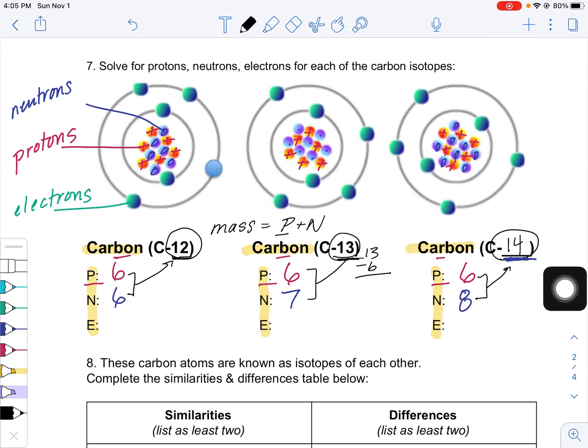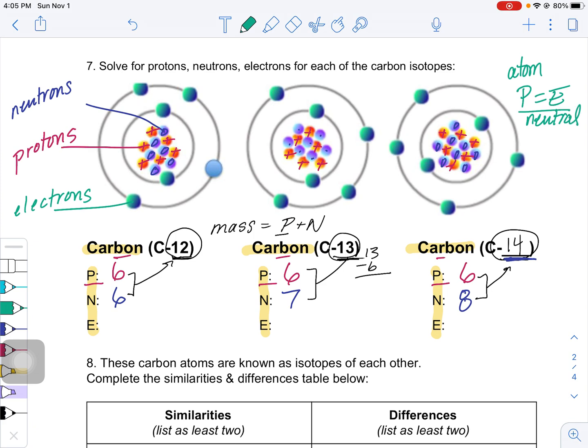Now our final down here is the electron. We know electrons are the particles circling the nucleus on the energy levels. We can't unfortunately look at a calculation to determine electrons, but we can consider 2 things. All of these are listed as atoms, so I know in an atom my protons equal my electrons because the overall charge is neutral.